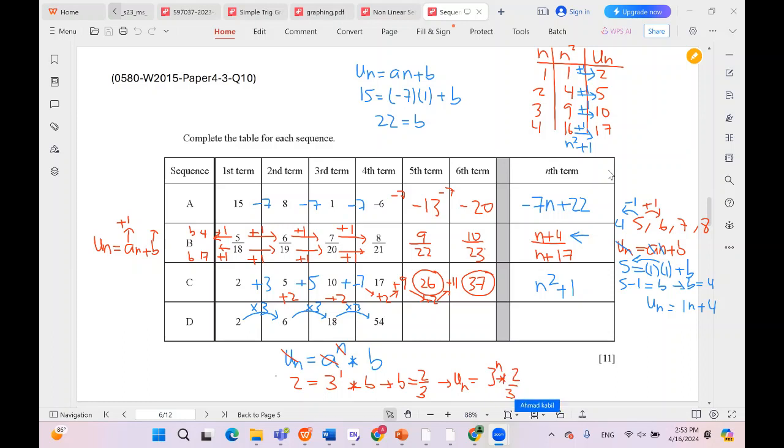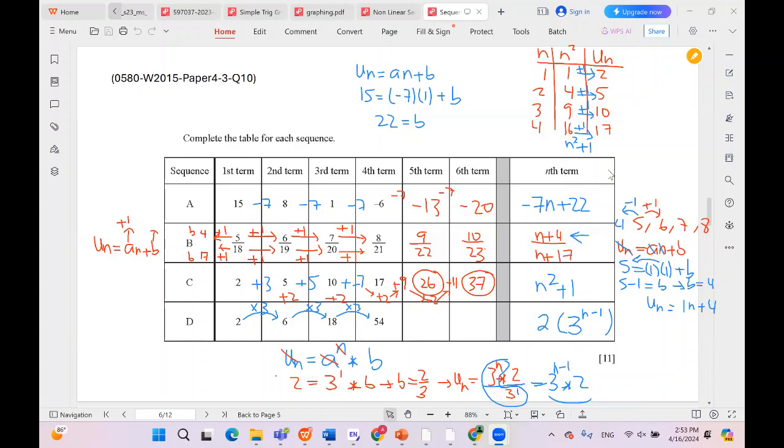Of course, we can further simplify this because we have 3 power n in the numerator and 3 in the denominator. So we can simplify these two together using exponential simplification. This becomes 3 power n minus 1 times 2. So the final answer for this sequence would be 2 open brackets 3 power n minus 1, like this. Or you can write it in the same way I wrote it here, 3 power n minus 1 times 2. This would work.